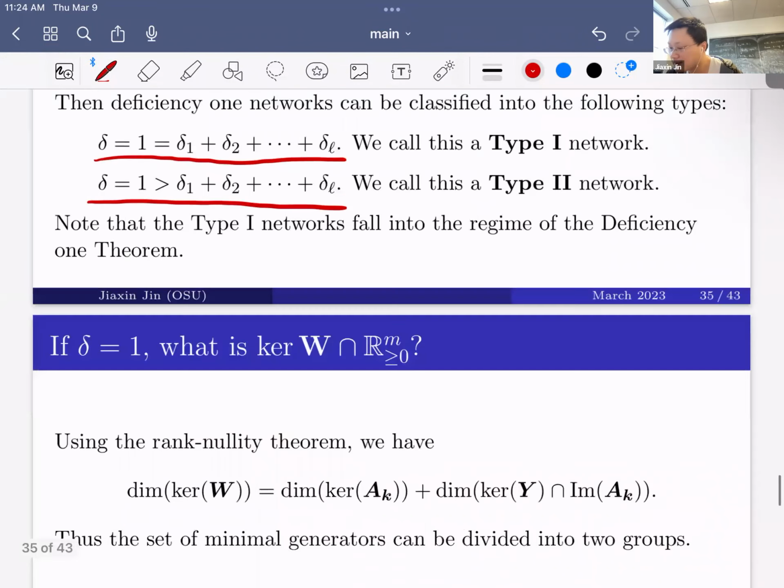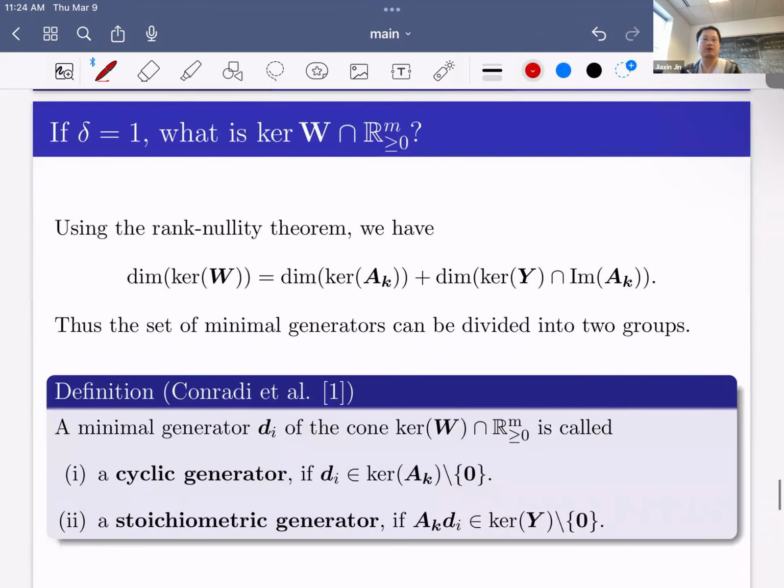Okay, then when deficiency equals 1, the kernel of W no longer coincides with the kernel of AK. Actually, it has 2 parts: the kernel of AK, and the kernel of Y intersected with the image of AK. And I referred to a paper written by Karadi and some other authors.